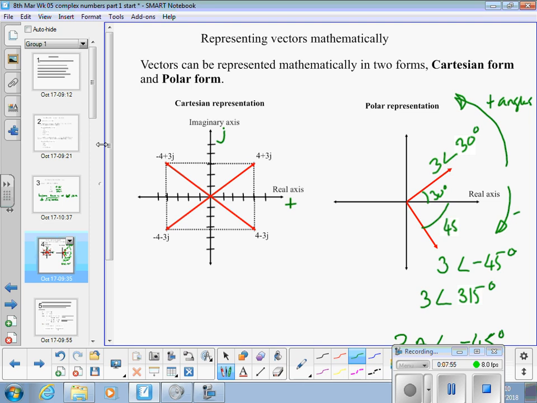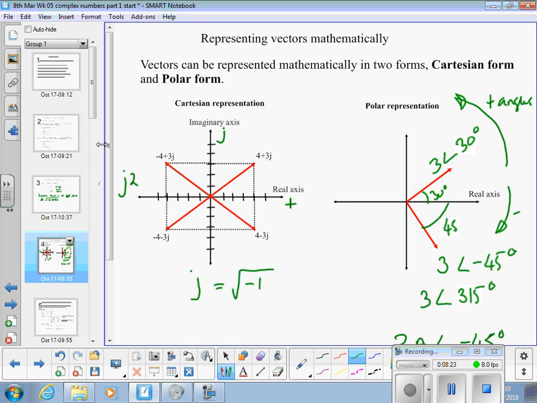Remember, or you should know, that j is equal to the square root of minus 1. Now, as we go round here, this point is equal to j squared. What could I also write that as?